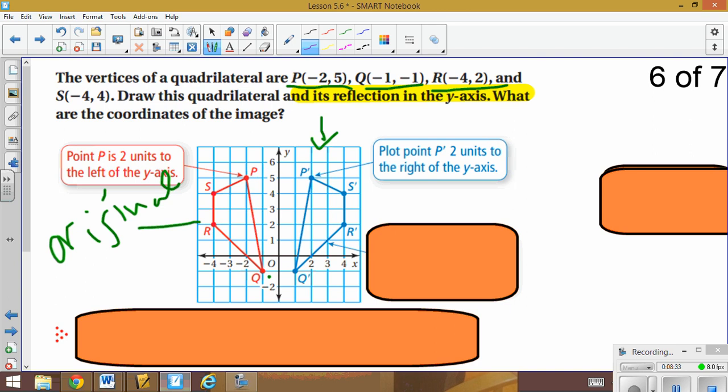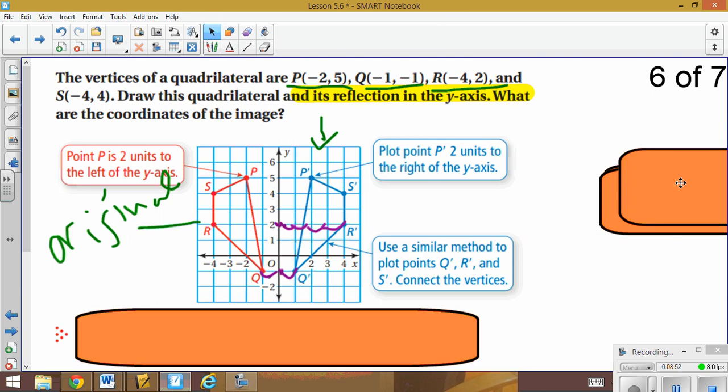R is also 4 units away from the y-axis, and then you're going to go another 4 units, 1, 2, 3, 4 to get to R prime. Q is 1 unit from the y-axis, so we go 1 unit to the right to get Q prime.